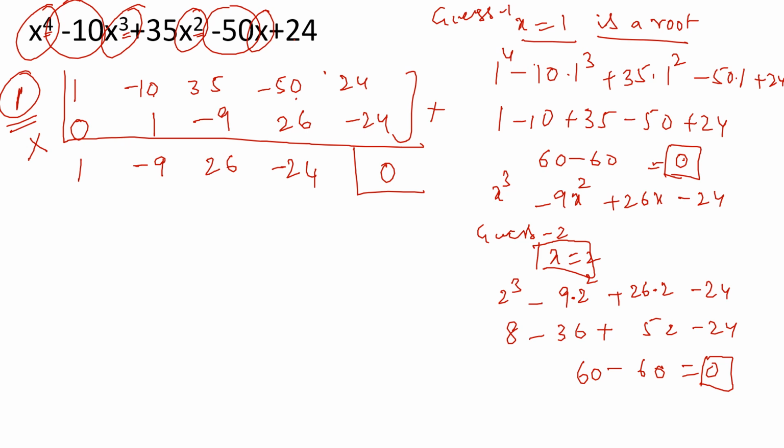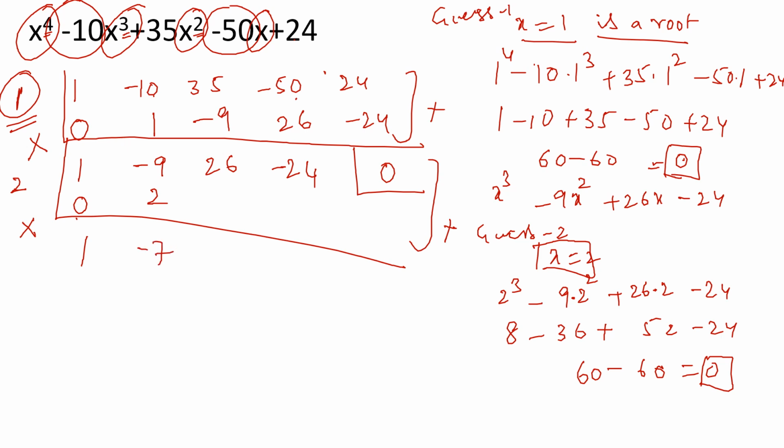Now with the root x equal to 2, you will divide. You will place 0, add here, and multiply here. 1 plus 0 is 1. 2 multiplied by 1 is 2, that you will write here. Minus 9 plus 2 is minus 7. Minus 7 multiplied by 2 is minus 14.